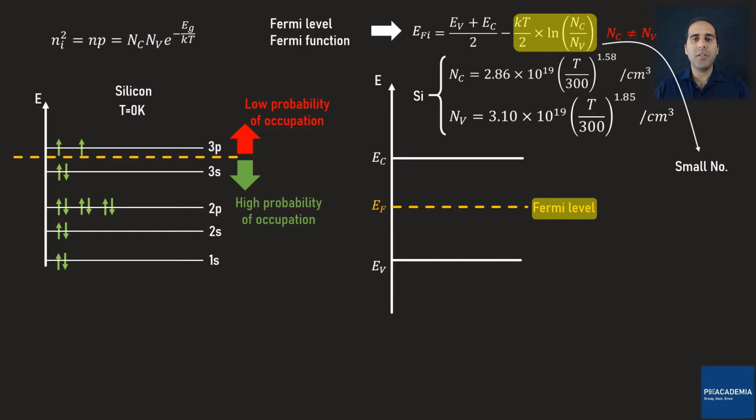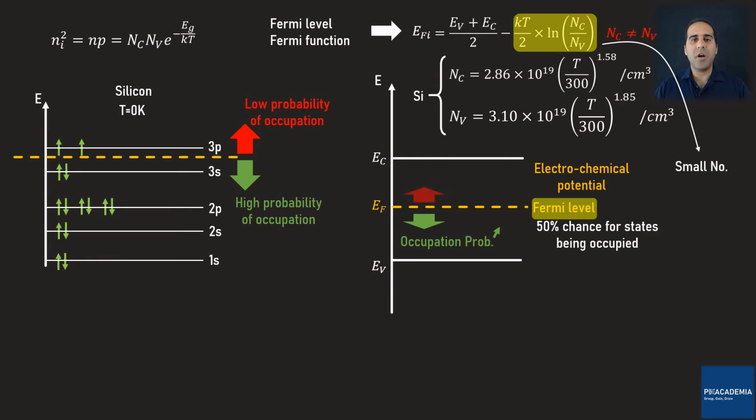At the Fermi level, which in statistical thermodynamics is known as the electrochemical potential, the probability to find electrons is 50%. By moving further below the Fermi level, the probability of finding states occupied increases, and by moving further above the Fermi level, the probability to find occupied states becomes smaller and smaller.